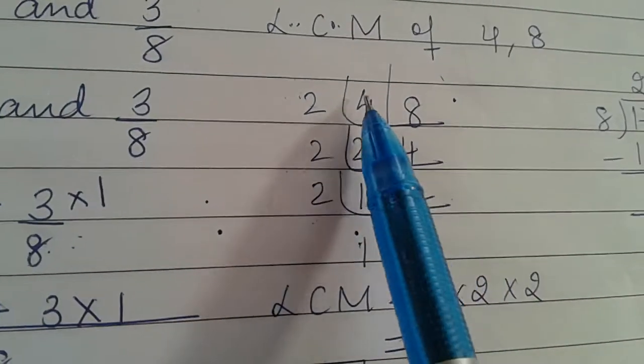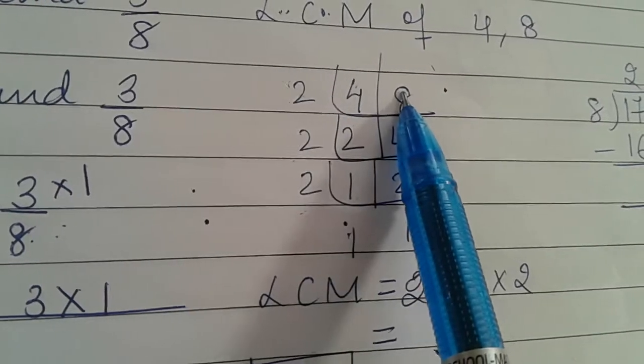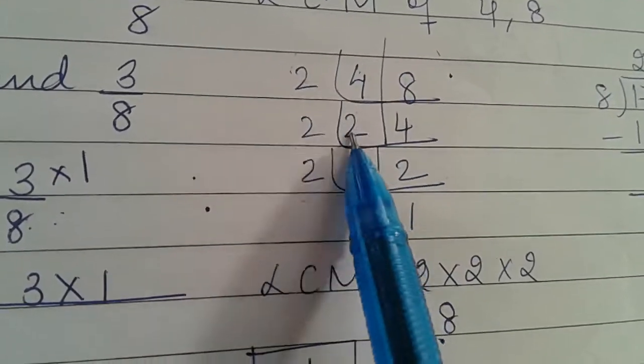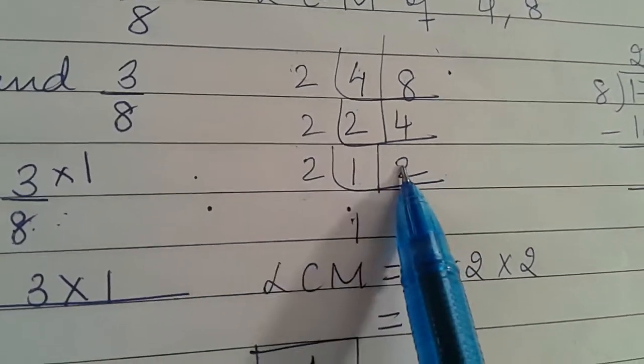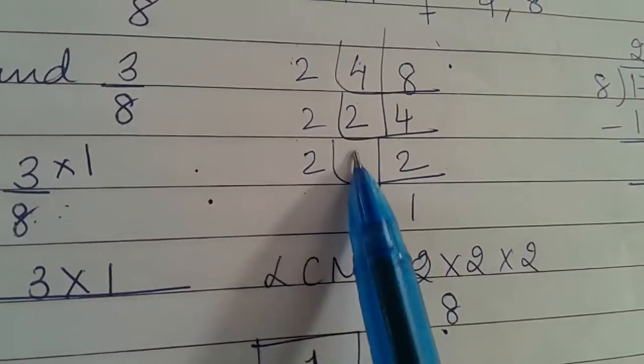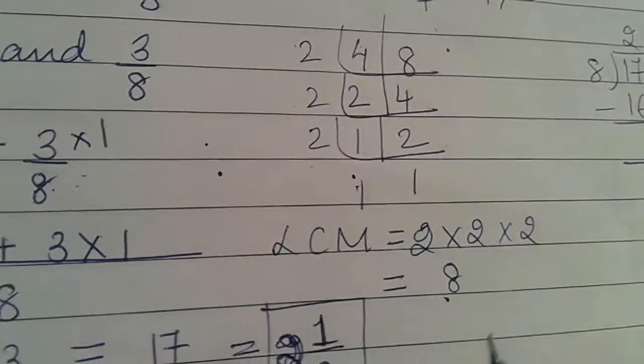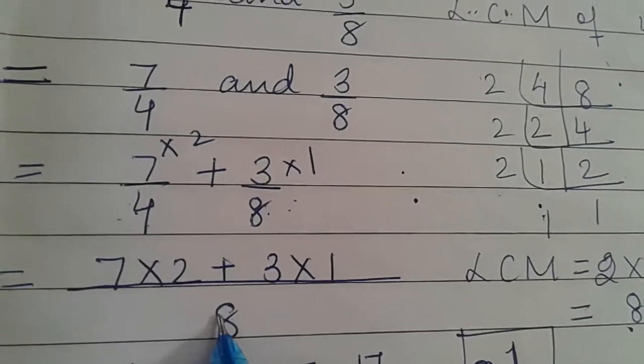So now 4 and 8 come in the table of 2. 2 2s are 4, 4 2s are 8. So 8 is the LCM.